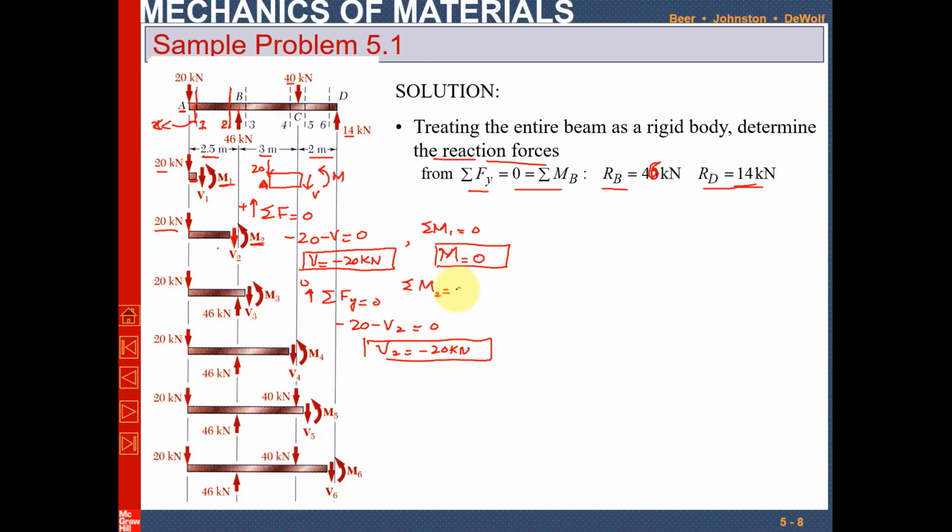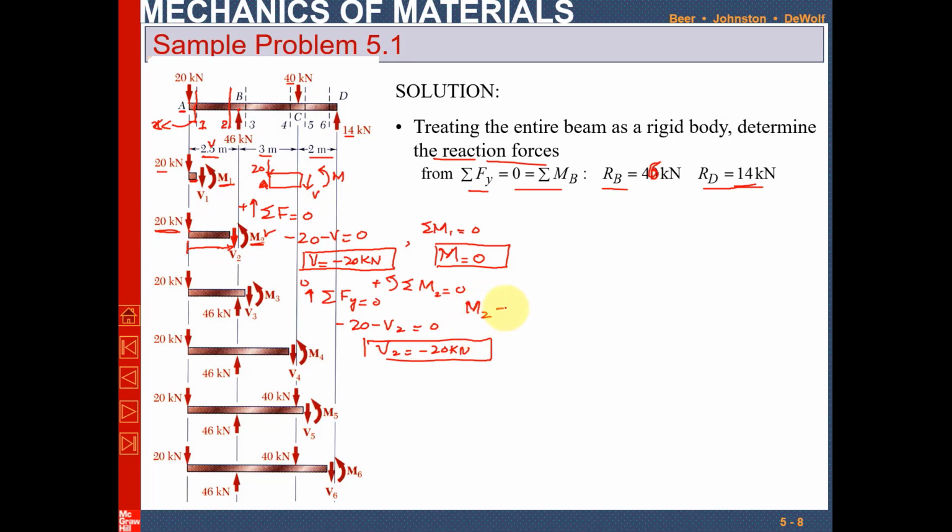Now at point 2, the sum of all moments about point 2 is equal to 0, with counterclockwise positive. In this diagram there is a moment M2, and a moment produced due to this 20 kilonewton load times the perpendicular distance, which is taken as 2.5.